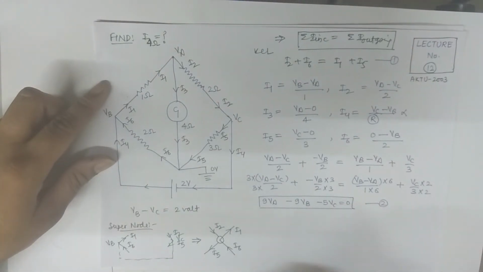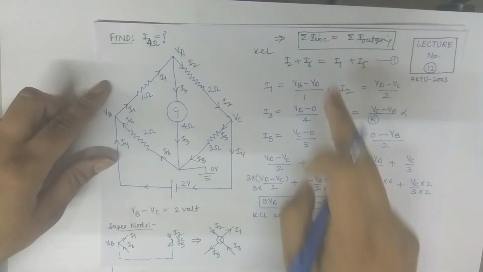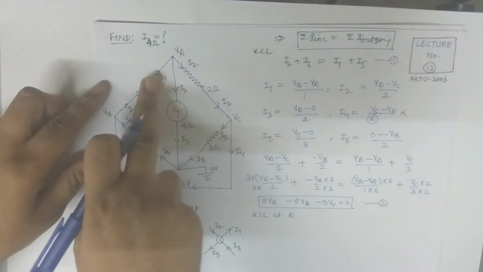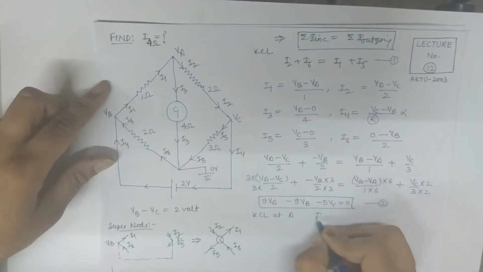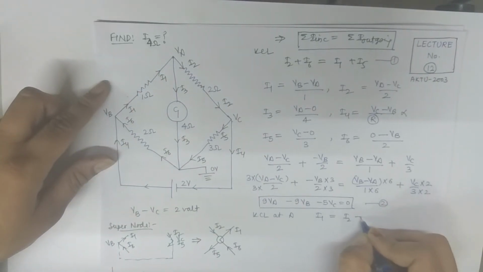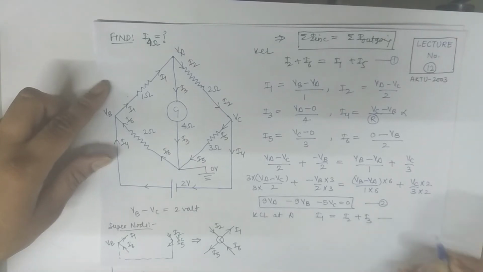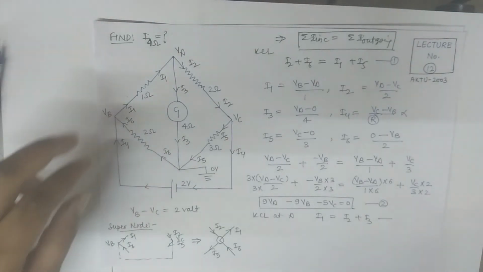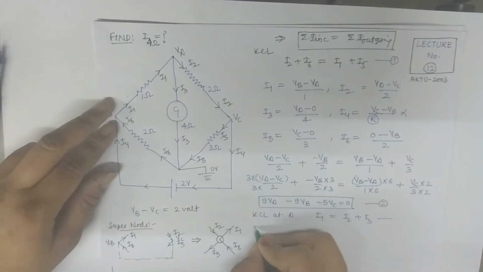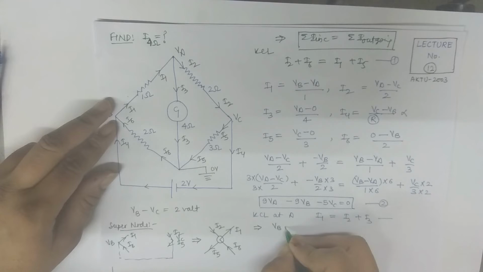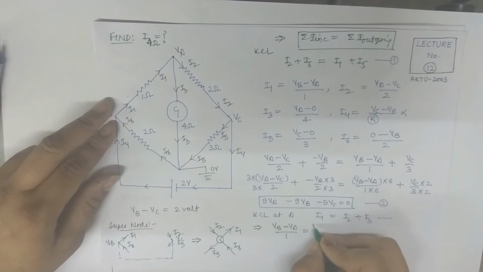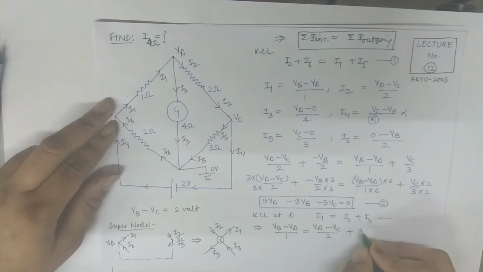Now apply KCL at point A. All incoming current is equal to all outgoing current, which means I1 is equal to I2 plus I3. So put the values of I1, I2, I3 here. I1 is VB minus VA upon 1, is equal to I2, VA minus VC upon 2, plus I3, which is VA upon 4.